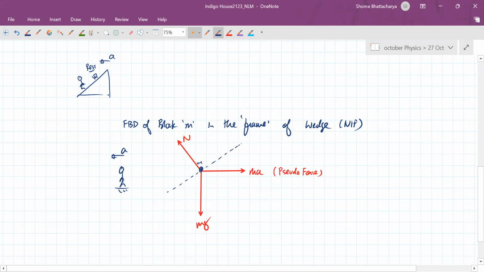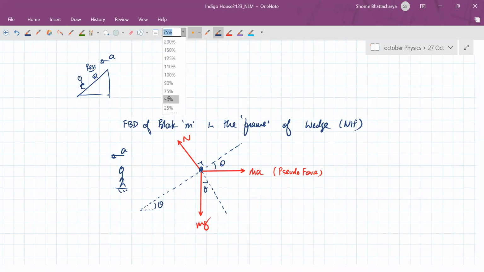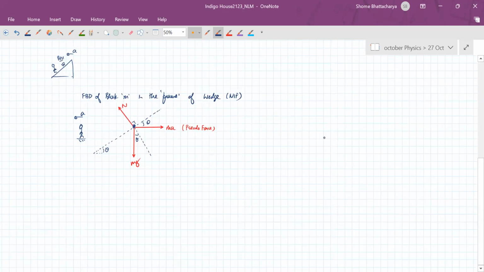This is the inclined plane, so the normal reaction is perpendicular to this. The inclined plane is at theta to the horizontal, so this angle will be theta. Again, this angle will be theta. So next you can resolve the forces. On resolving the forces, you will have components of weight like this, mg cos theta and mg sin theta.